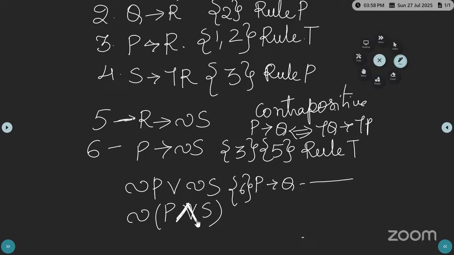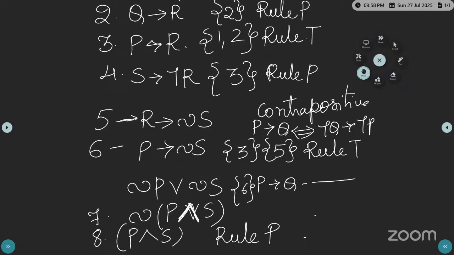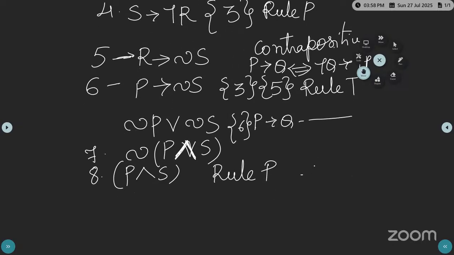Clear? Then you already have a logic there. What is that? The fourth one. P and S is there. In the question, P and S is there, right? Then again I am writing according to 7. This is 7. This is 8. So I am introducing a new variable P and S. Rule P. Then what should I do? 9th one.